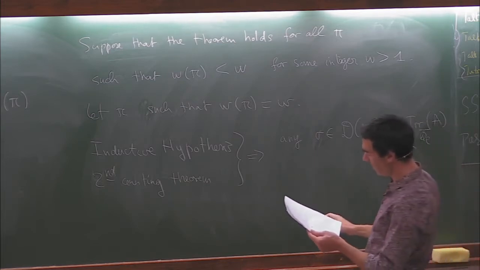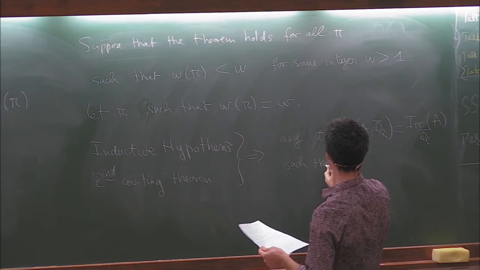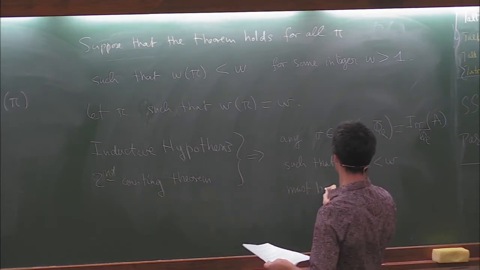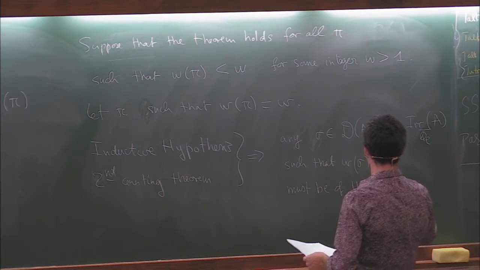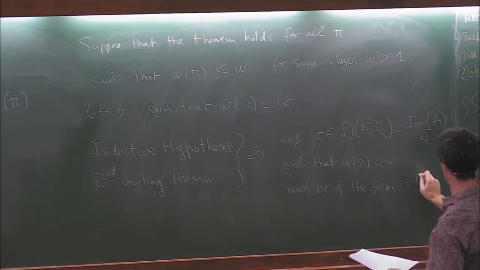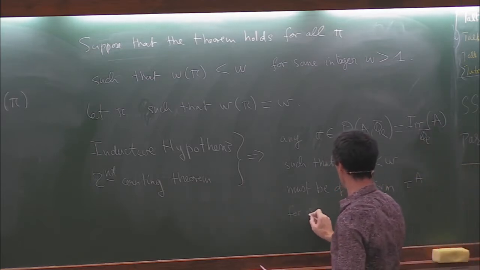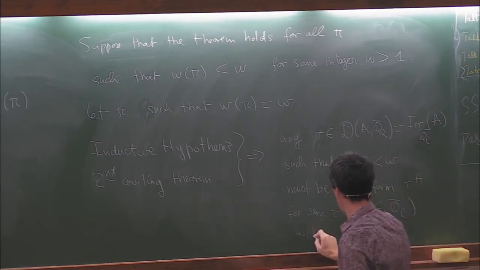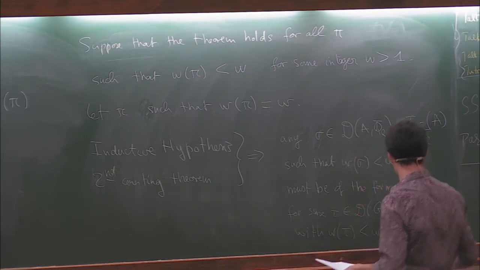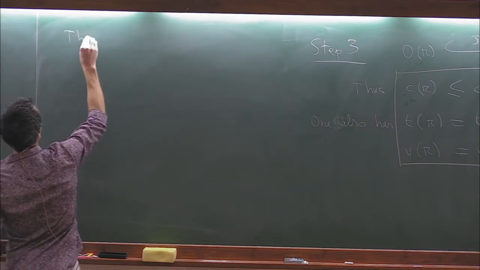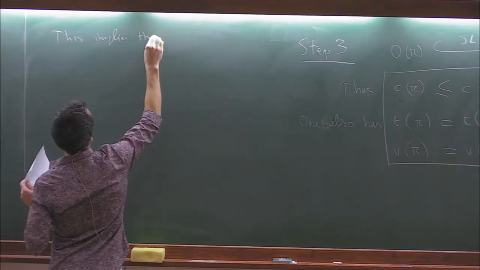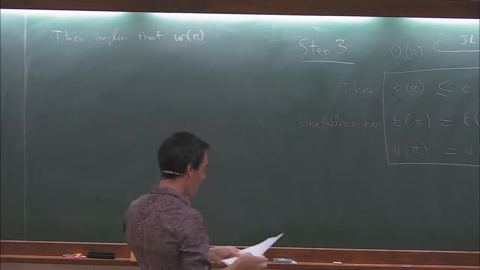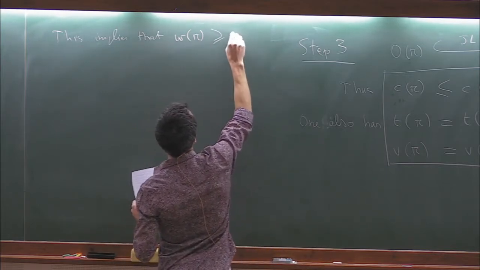So any sigma such that W of sigma is smaller than W must be of the form tau to the A for some tau in D of G over Q_l bar with W of tau smaller than W. So this implies that W of pi, for the pi that we are considering, must be greater than or equal to W.